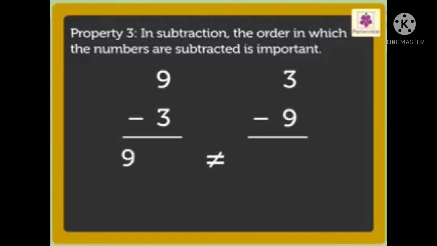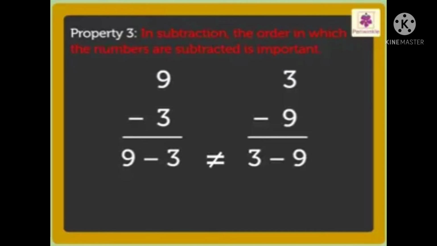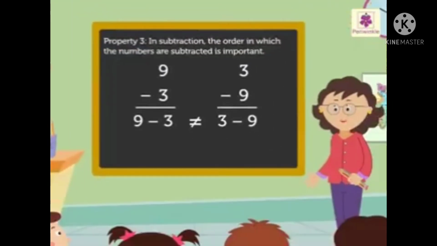That is, 9 minus 3 is not equal to 3 minus 9. Thus, it tells us that in subtraction, the order in which the numbers are subtracted is important. Hope you enjoyed revising the subtraction concept and properties.